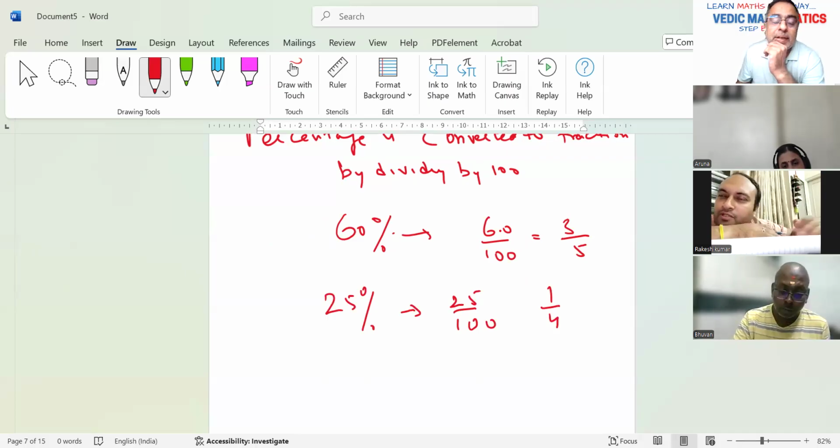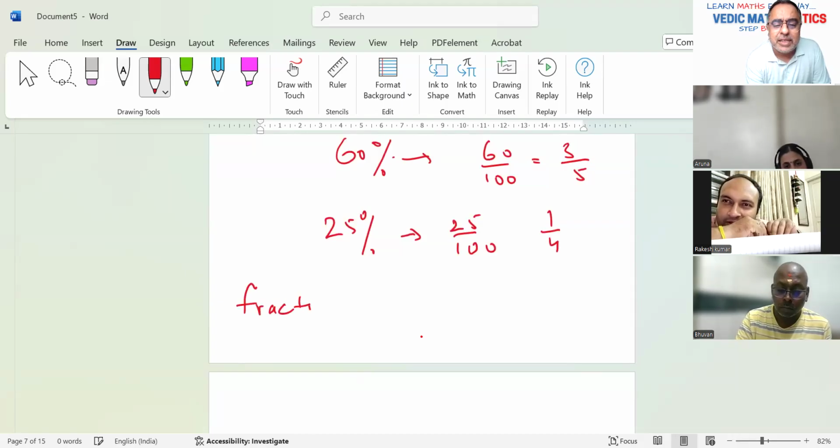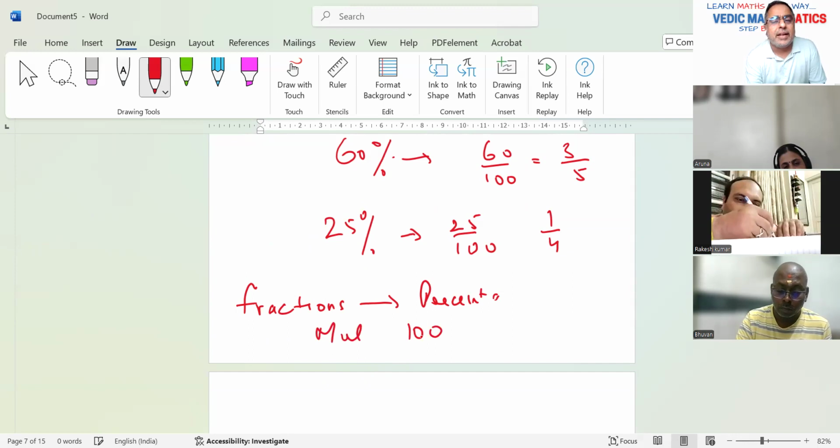1/4, said sir. Okay, 1/4, correct. And if we are asked the other way out, convert fraction to percentage, simple: fraction to percentage means multiply by 100, definitely.